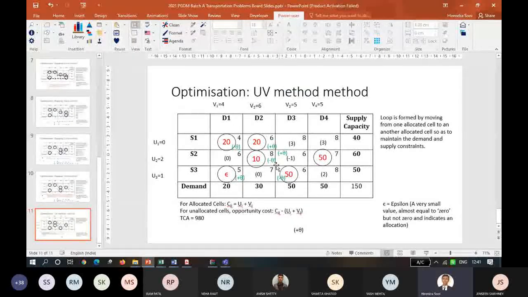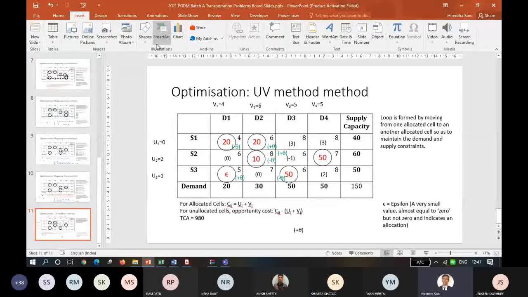Are you able to see the loop? यहाँ से इधर ऐसे ऐसे ऐसे ऐसे and back. Fine. Yes, sir. So negative values of theta arrows डाल देते हैं. It would be easy.